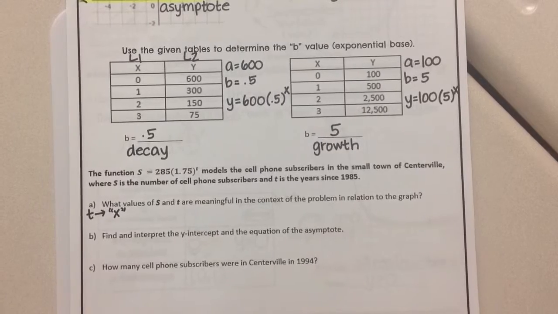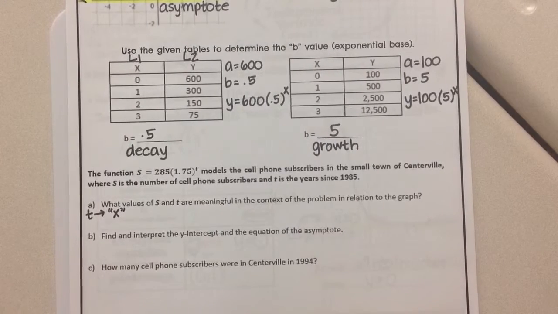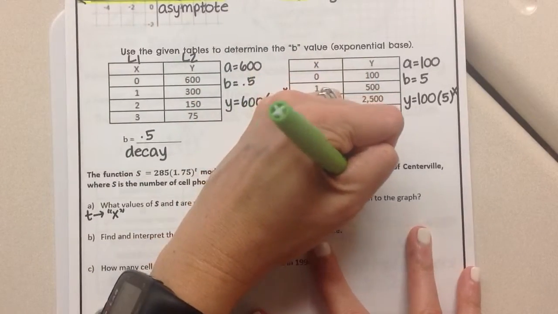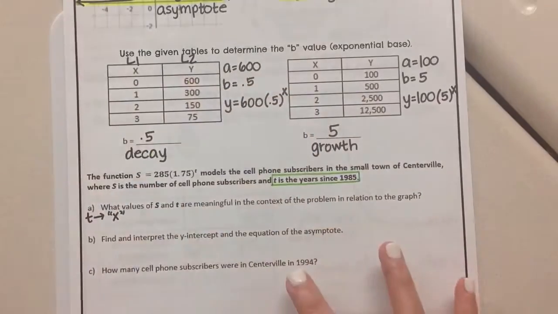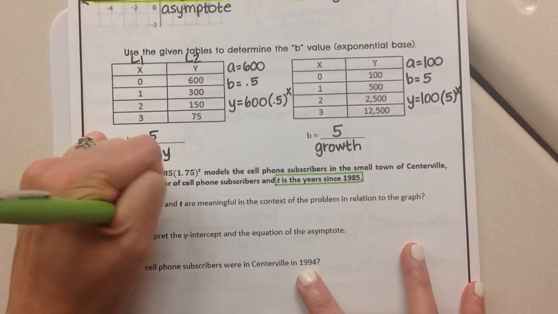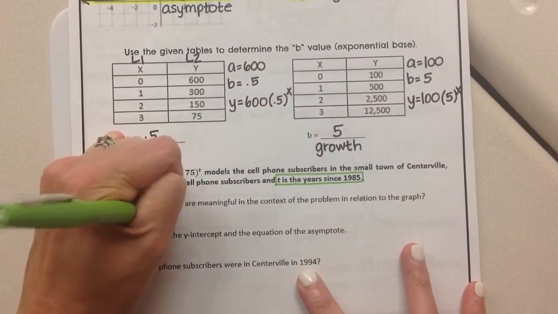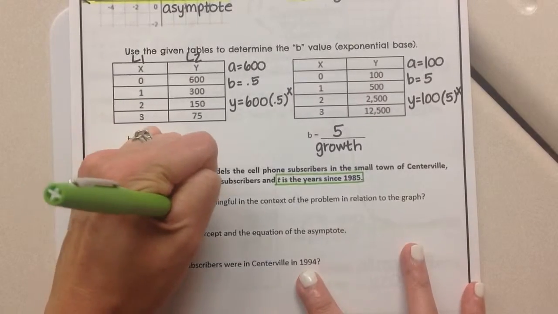Well, remember for exponentials, x is always time, and it looks like time is the years since 1985. They tell me. So x is the years since 1985.